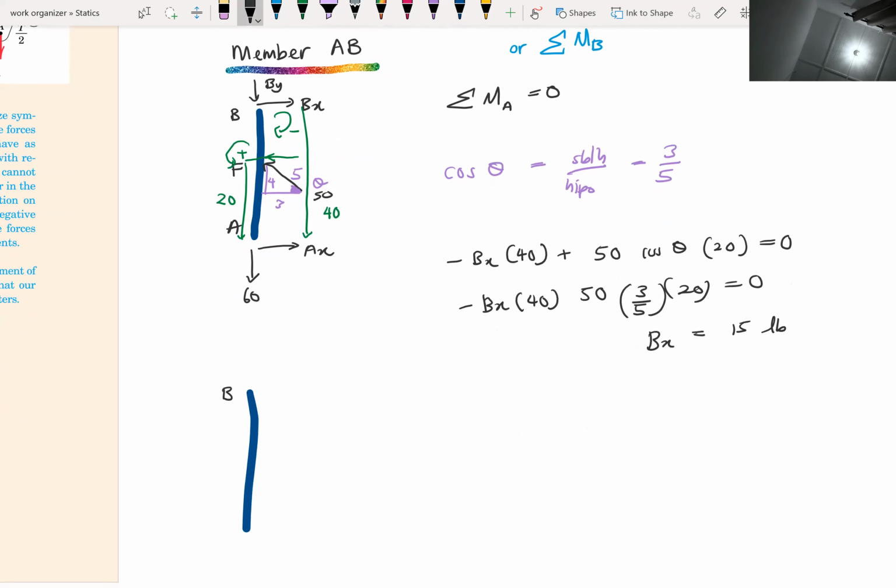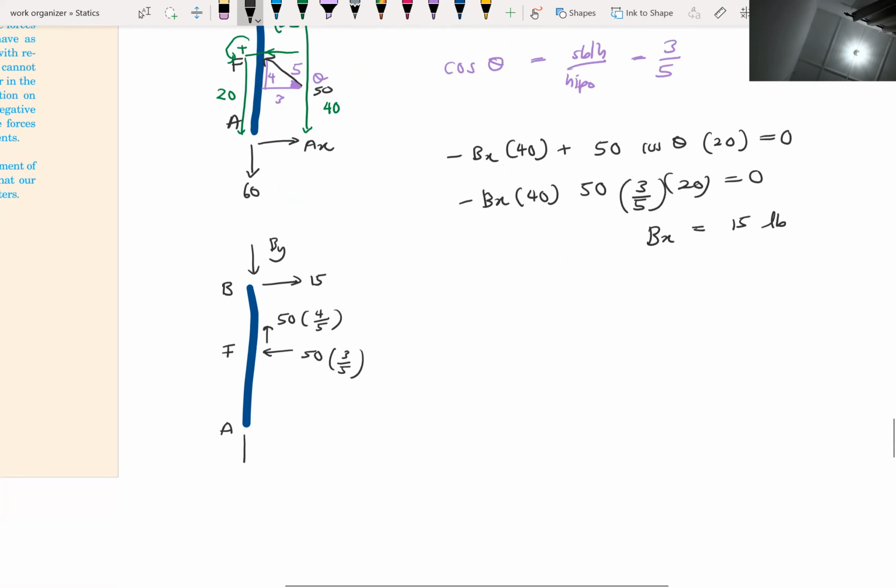So we just draw again. B here, A, F in the middle. Here we have Bx is 15, and then we have By. This one we have 50, 3/5. And then outward we have 50, 4/5. And then this one we have 60.